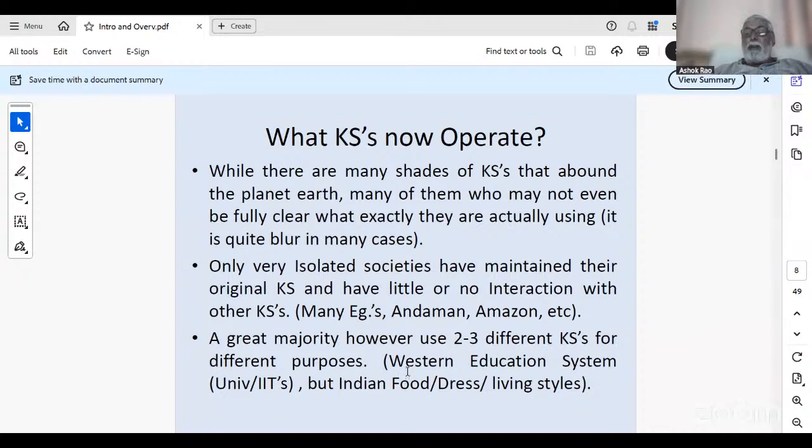For example, what we are doing now, our online seminar, is predominantly a Western education system. But I'm sure all of us are wearing our own clothes and we have our own dress models. We must have had lunch, which is an Indian lunch. And most of our living style is Indian, including some back channel talking I heard, which was in Marathi. Okay. So nothing surprising that we have a mixture or a blended knowledge system.